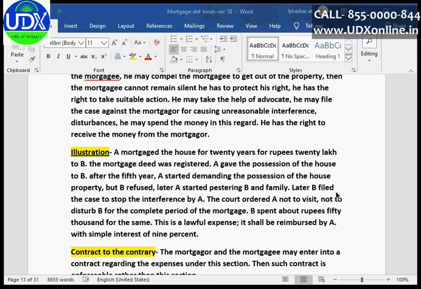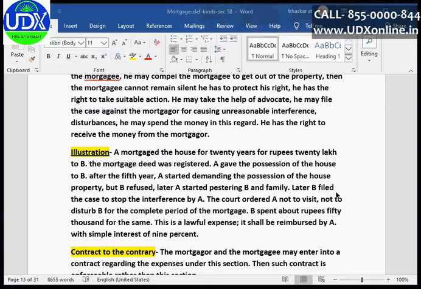If you interfere once again, then I am going to commence the case against you and you have to pay compensation for that. So, some of the mortgagers, the moment they receive the advocate's notice, may keep quiet.